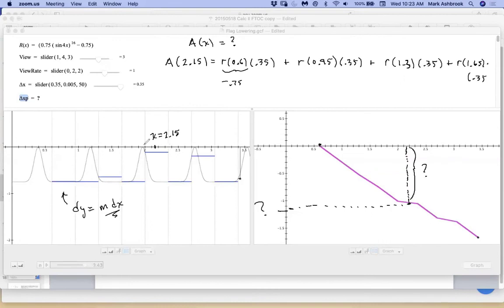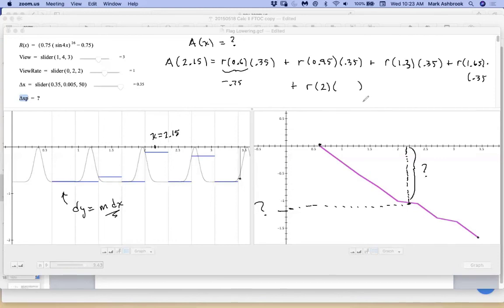Now, how much change do I get? This is what we call the current interval. It's where the current value of x is. We have these completed intervals, and then we have the current interval. So what's the rate in the current interval? It's still r of 2, thank you, times 0.35?